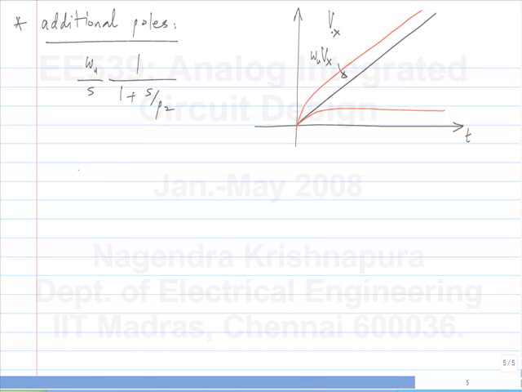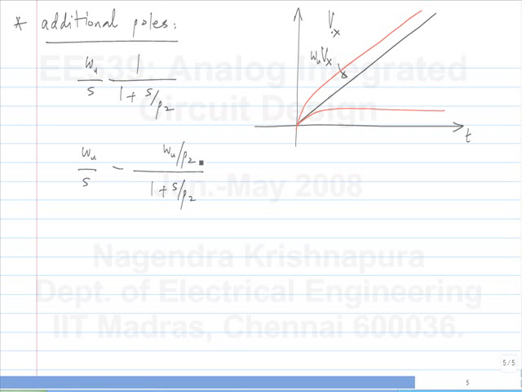So if I resolve it into two separate terms, what am I going to get? What's the coefficient here and here? One and so omega u and minus omega u by P2.